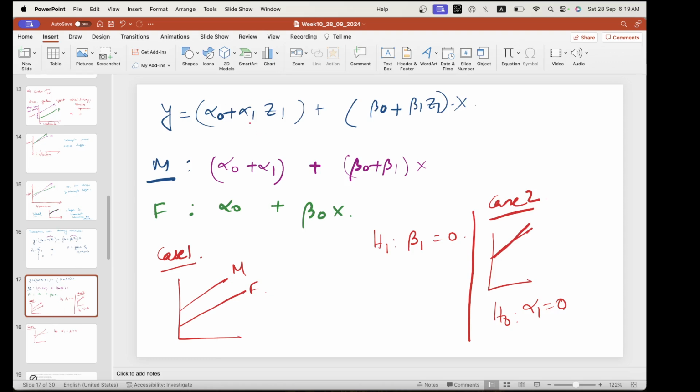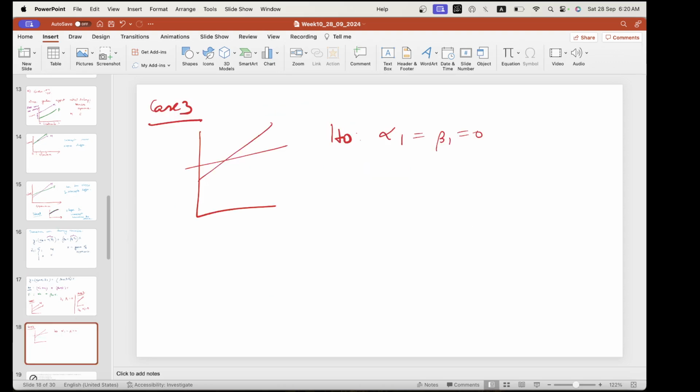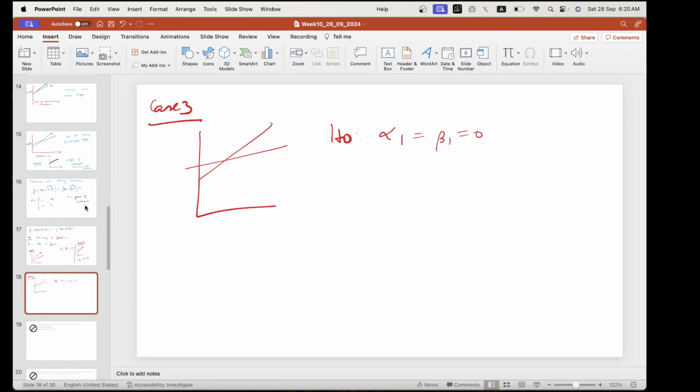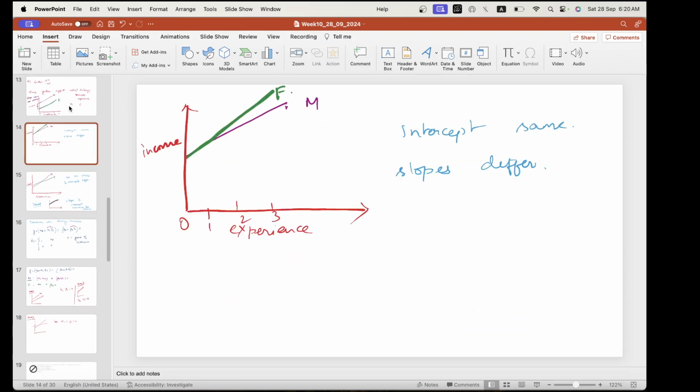So if alpha 1 and beta 1 both are 0, then the lines are identical. But if one of them or both of them are non-zero, then we have this case.